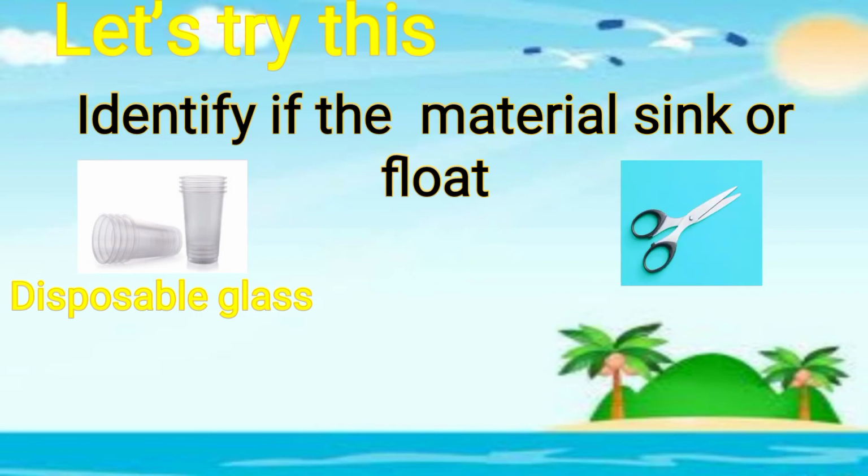Next, we have here scissors. Does it sink or float? Scientific! Scissors will sink in the water. Why? It is because scissors are made of metal and are heavy in weight.